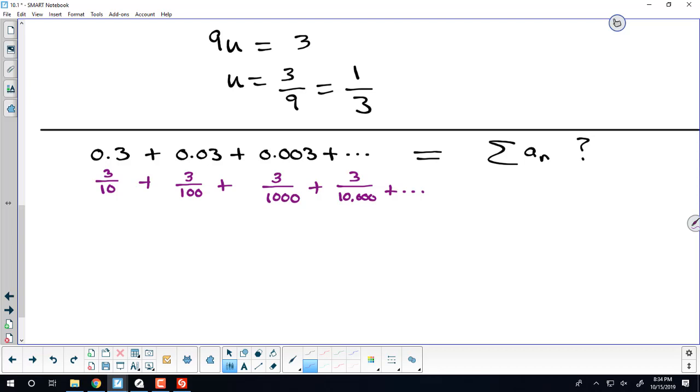Could we represent that as 3 over 10 to the nth power? We'd start at where? n would start at 1, and then we would go off to infinity. So the first term is 3 over 10 to the first, plus 3 over 10 to the second, plus 3 over 10 to the third.